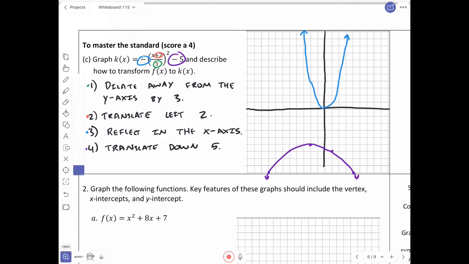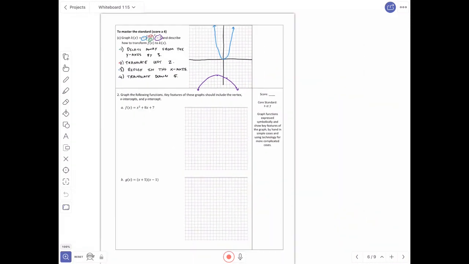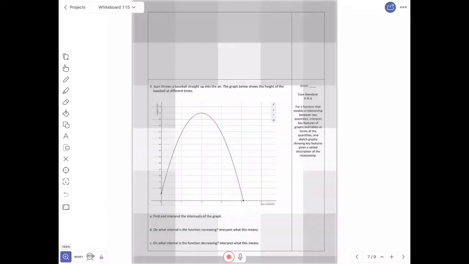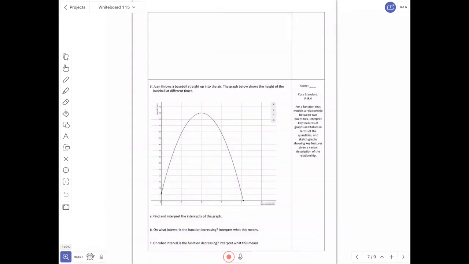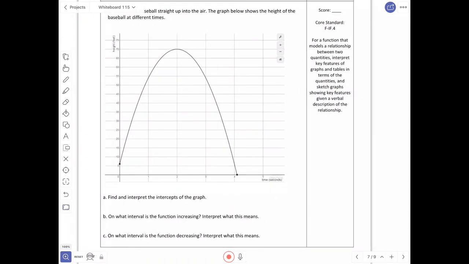Okay, I have 5 minutes left. I think I'm going to skip number 2 because I've plotted a lot of functions by plugging things in. So I'm going to jump over to number 3 with my last 5 minutes. Finding and interpreting the intercepts. So the y-intercept is at 0, it's a little above 5, I'm going to say 6.